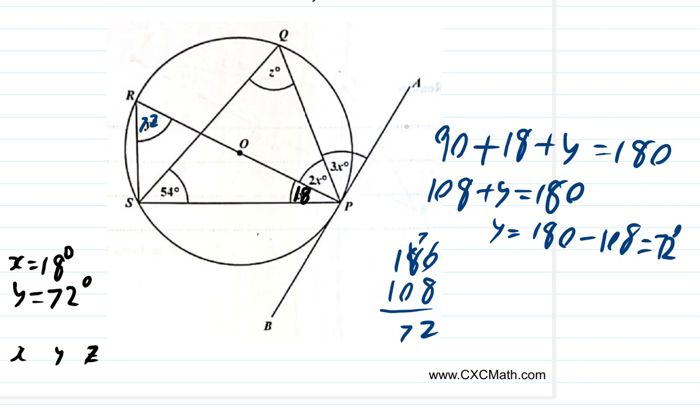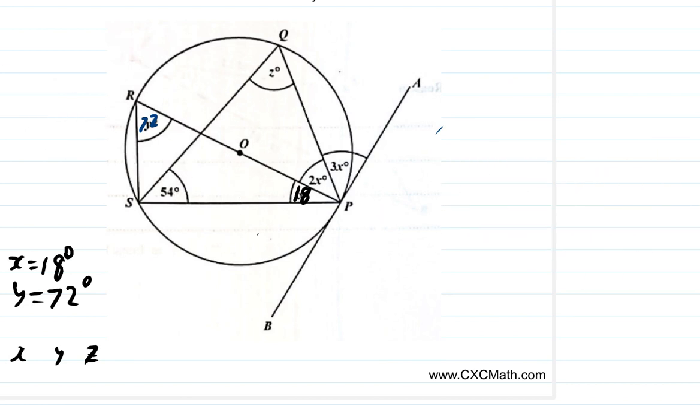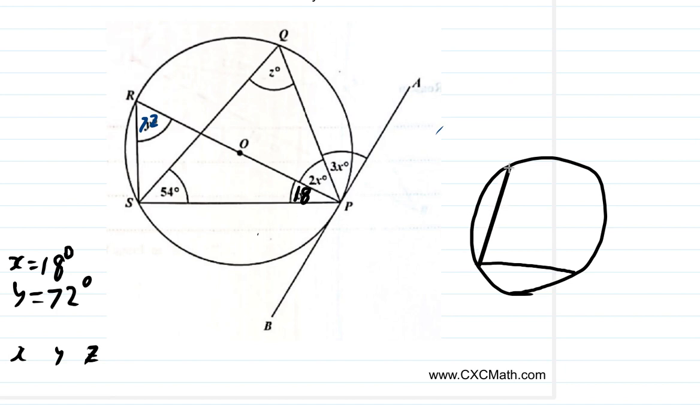Now, remember that circle theorem that says if you have a circle and you have a chord, you have an angle lying on that chord right here. You have another angle lying on the same chord right there.